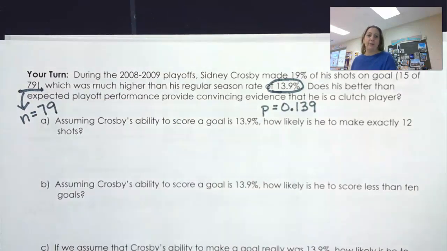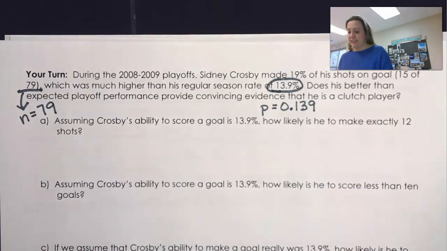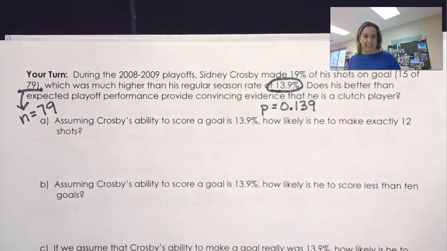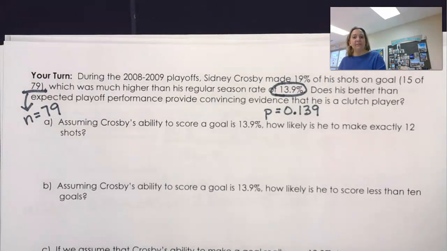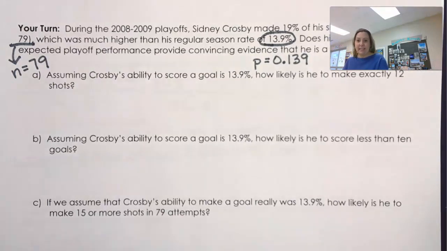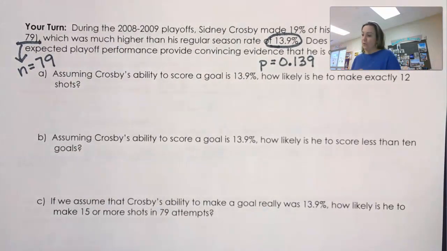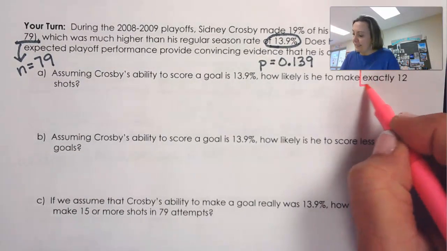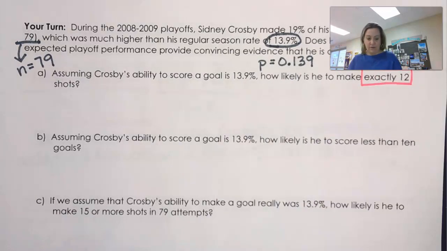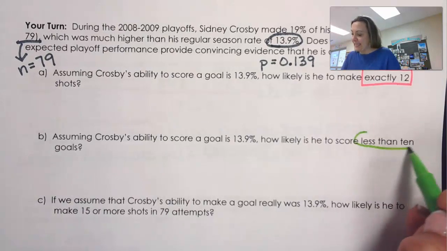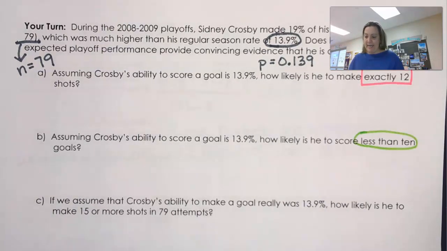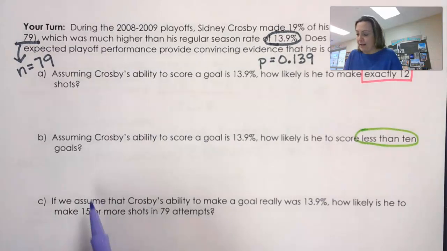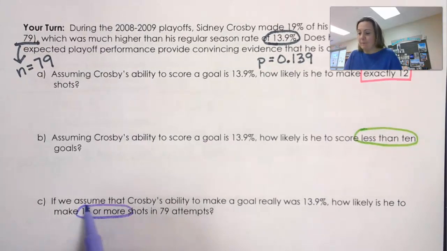So that's going to be our N. And what I'd like you to do is letters A, B, and C. Okay, so use this information and think about what we're going to do for exactly 12, for less than 10, and what we would do for 15 or more.